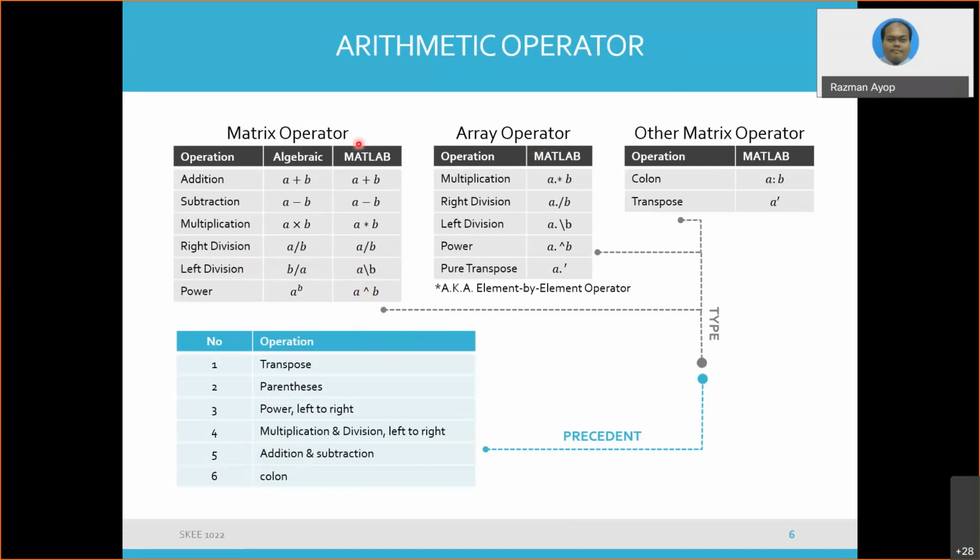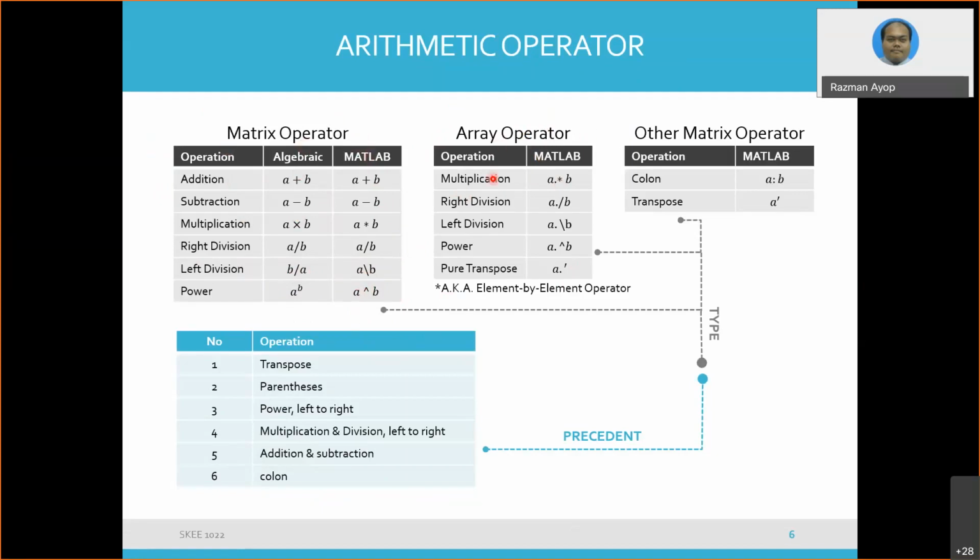And then for array, remember that I said addition and subtraction, it doesn't care. But for multiplication, you can have different ways to do this. Either you can use a metric operation or array operation. For addition and subtraction, it's the same for array and metric.